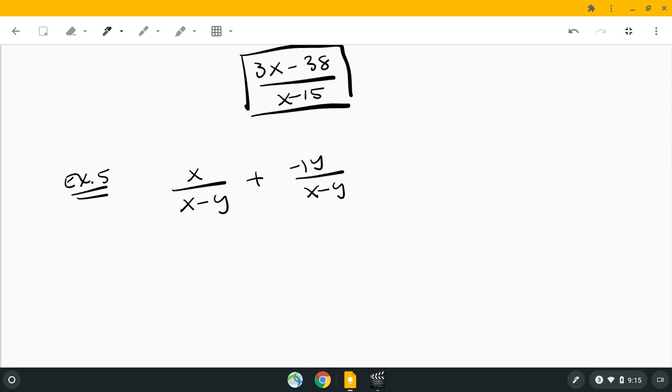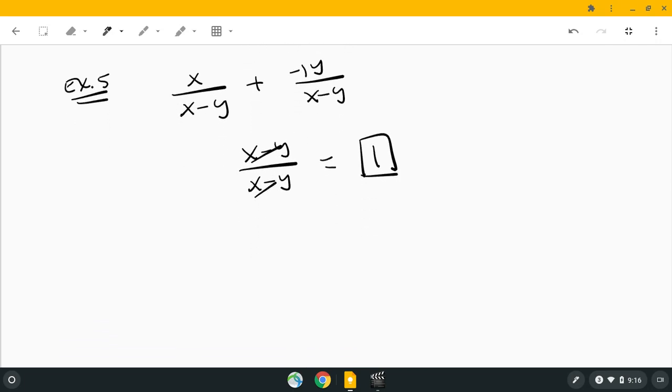All right. So now for the LCD, they actually have common denominators. So we can go ahead and combine like terms. So we get x minus y from the numerator, and then we get x minus y here. And that actually cancels. So this equals 1. Okay? All right.